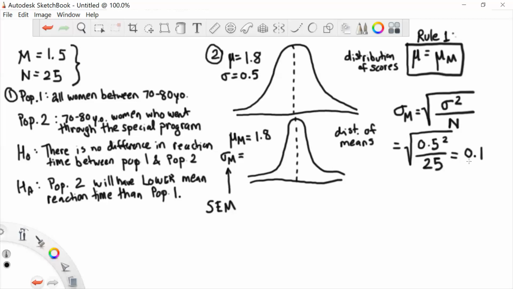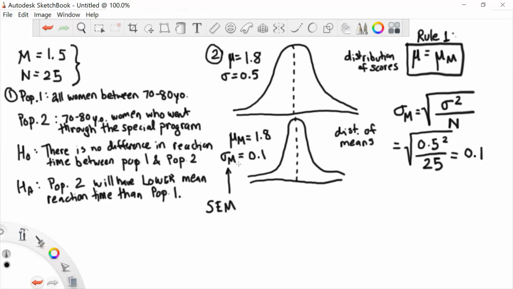Did other people get that as well? All right, good. So now that we know this is 0.1, we can do a little bit of a sanity check just to make sure that we're getting results that we expect or are reasonable. Notice that the standard deviation of our distribution of scores is 0.5, and for our standard error of the mean, it's 0.1.